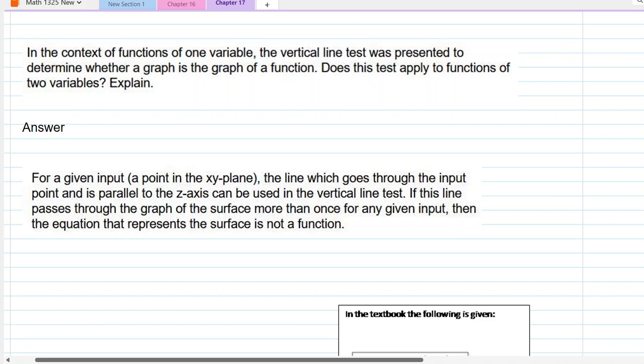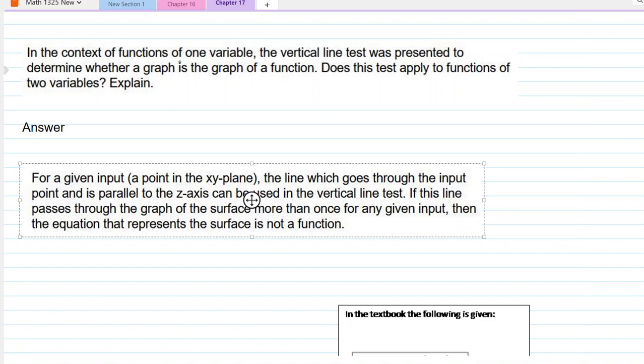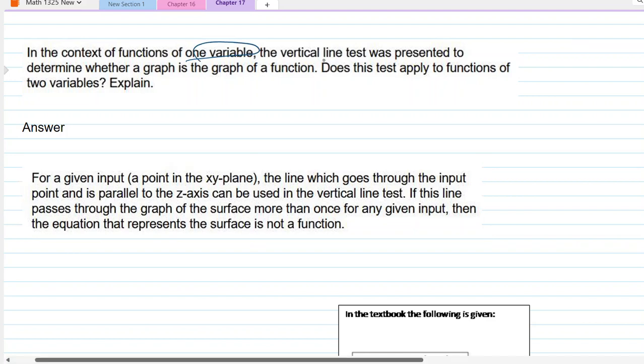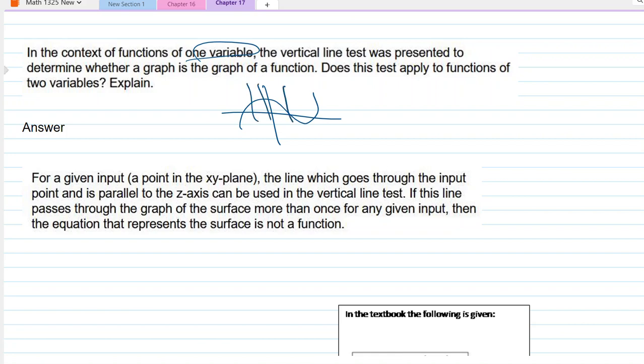All right, now I have this that came out of the textbook, and I'm going to give you the answer to this question so that you'll know. In the context of functions of one variable, the vertical line test was presented to determine if the graph is the graph of a function. In other words, we know that if I have this, it says yes, for every x there is only one y.